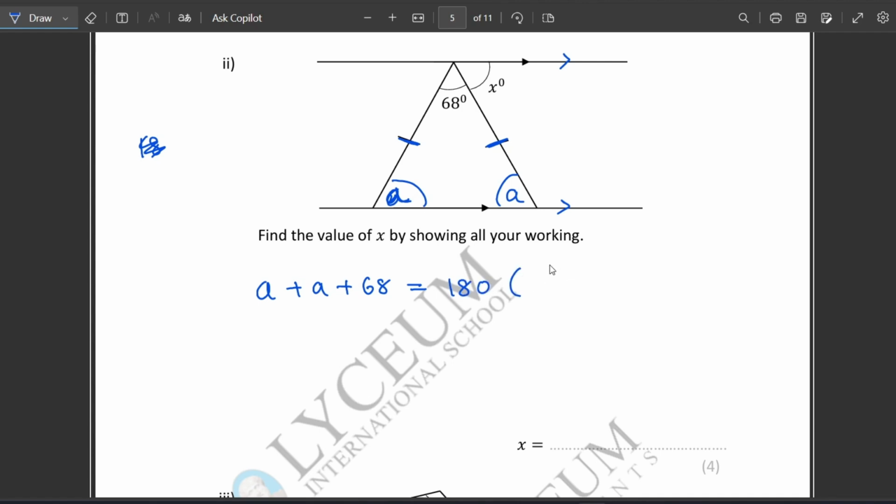We can write the reason: sum of interior angles of a triangle. Okay, then we can find the value of A. Get rid of the 68 by subtracting 68 from both sides.